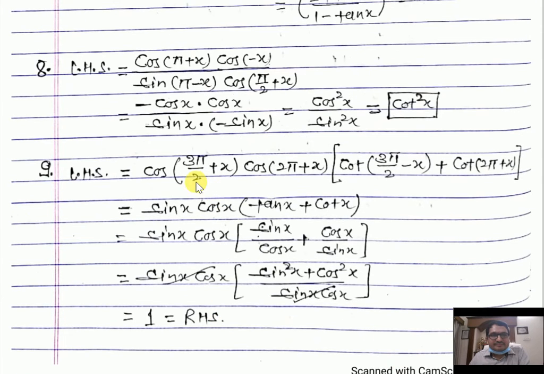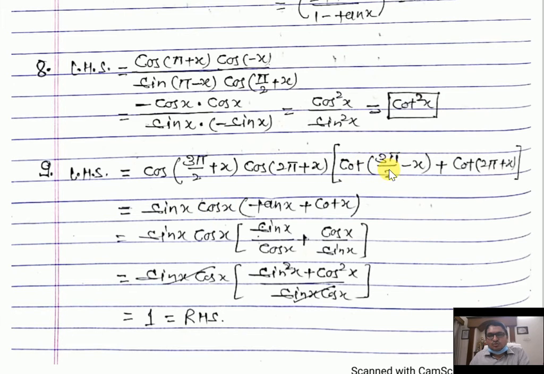Similarly, question number 9. cos(3π/2 + x) cos(2π + x) [cot(3π/2 − x) + cot(2π + x)]. So cos(3π/2 + x) will be sin x, and cos(2π + x) will be cos x.